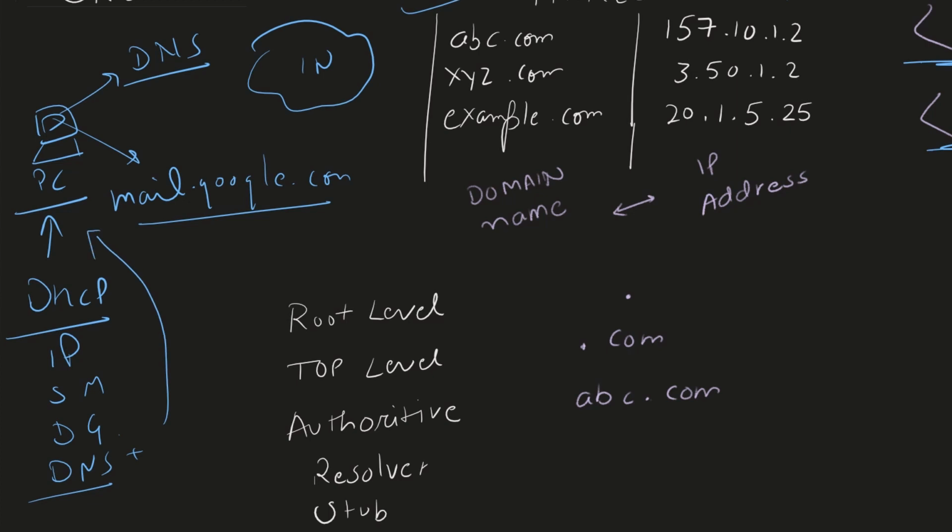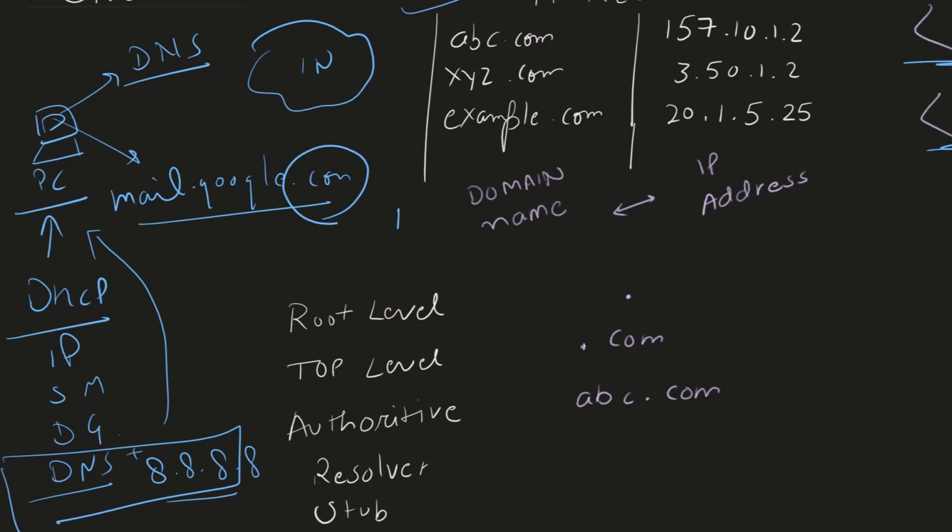Then when I type mail.google.com in the browser, your PC will go to this DNS server address. Suppose it is 8.8.8.8, a DNS server address which you have in your device. So it will go to the DNS server, and the process will happen. It will try to find out where the .com is.